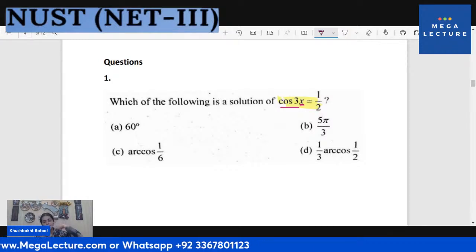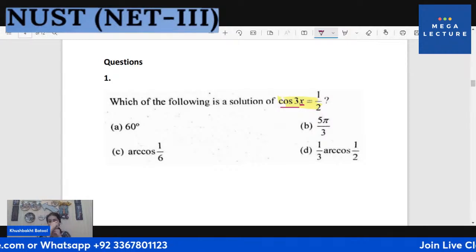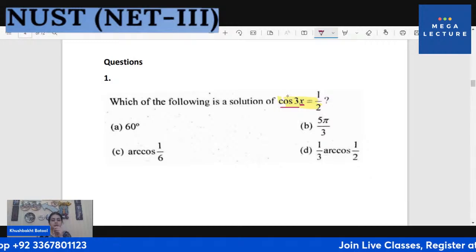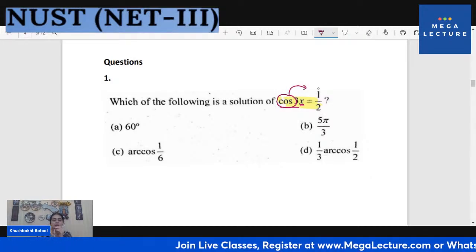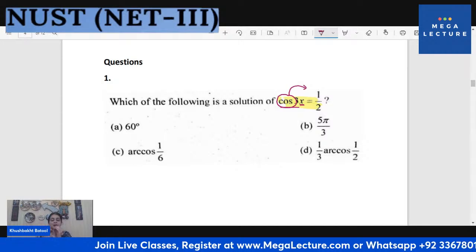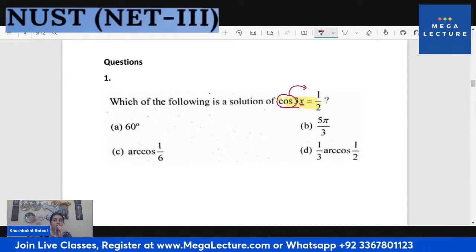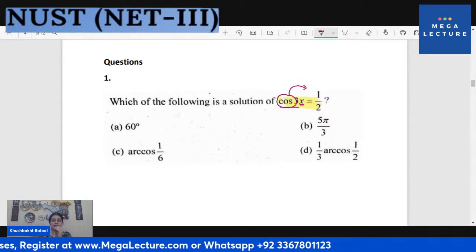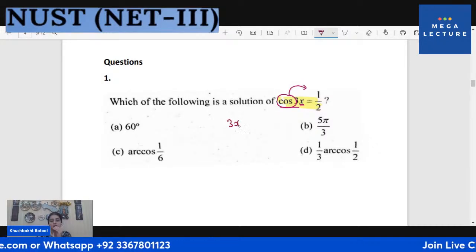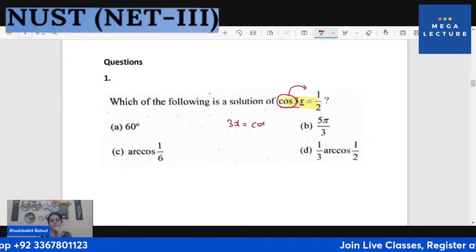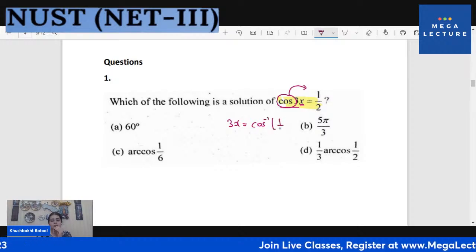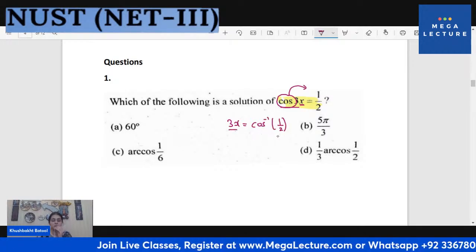How do you find the value of any unknown variable? You do that by making x the subject. So first of all, I am going to take this cos on the other side, but I will not divide it or stuff like that. Please be clear. I'll take cos inverse on both sides, and it would give you 3x equals cos inverse of 1 by 2.